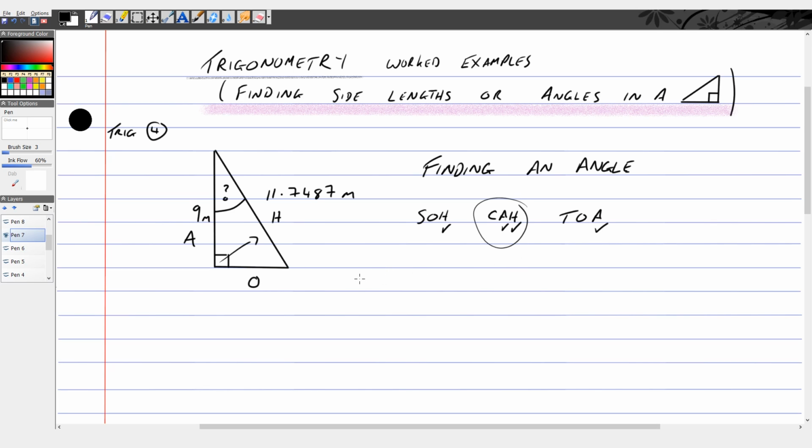So what we can say, if you've watched the video, it explains why this is, but the unknown angle is equal to, because it's a cos question, it's going to be cos to the minus 1, which means inverse cos. It's also known as arc cos or shift cos on the calculator. Cos to the minus 1 of the adjacent side length divided by the hypotenuse side length.